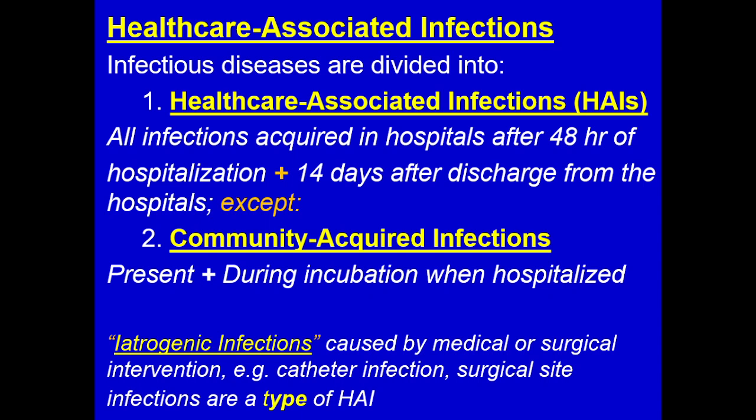Iatrogenic infection. Iatrogenic means those infections which are acquired due to errors, due to medical intervention or surgical intervention. Example, when you put a catheter in a patient and the catheter becomes infected and then the patient becomes infected. This is induced by the healthcare workers, called iatrogenic, right?